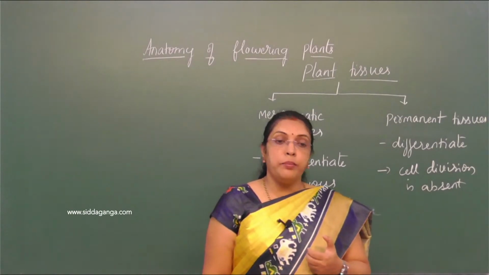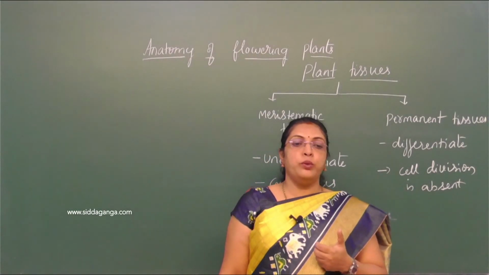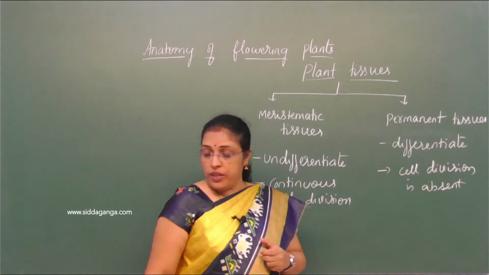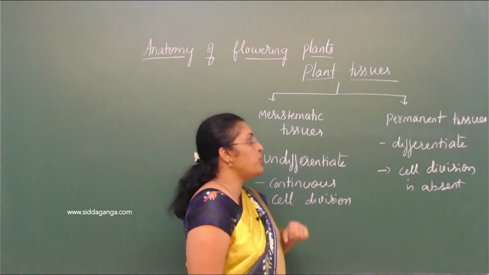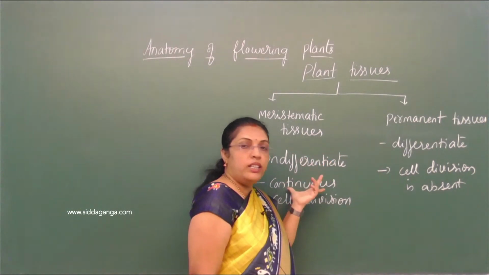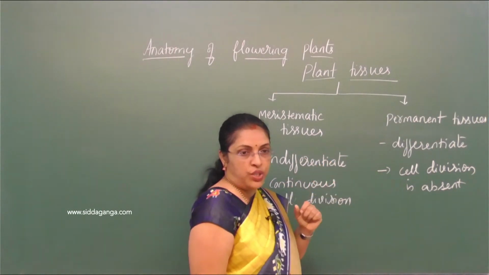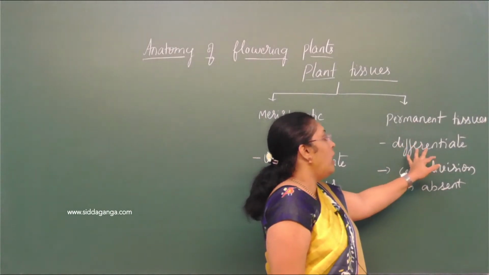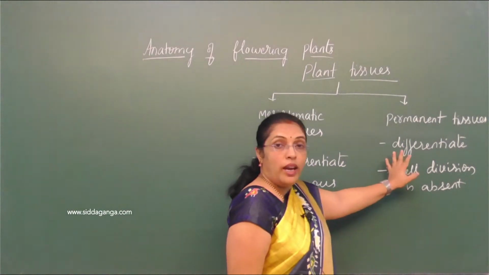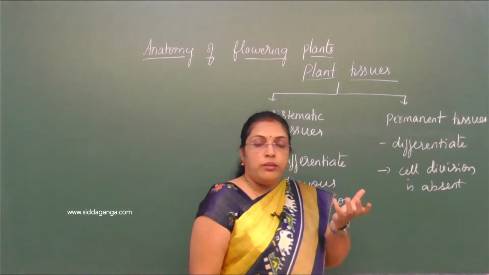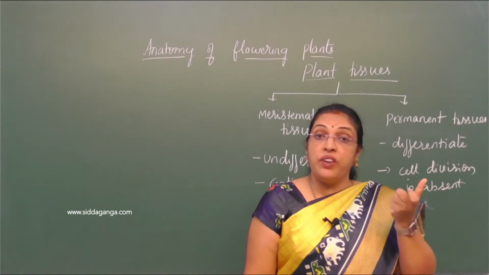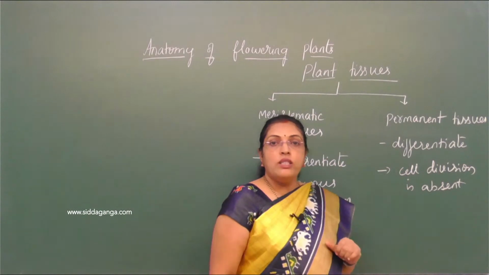So, permanent simple tissues in plants. So that's the difference between meristematic tissues and permanent tissues. Here the cells are undifferentiated and these cells show continuous cell division. And in permanent tissues they are differentiated into cells which will have definite shape, size with a specific function and they will not show cell division.